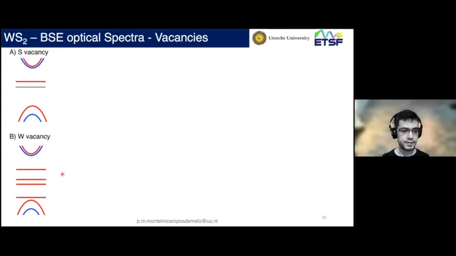And for the W vacancy, since you are going to leave much more dangling bonds, you are going to see the rise of what is tantamount to 10 new states. However, these new ones are very shallow, and they are actually occupied defect states. So the Fermi energy is actually around here. And this means that at the level of BSE, we might actually be able to see defect to defect transition.